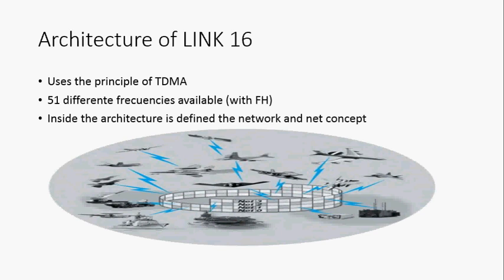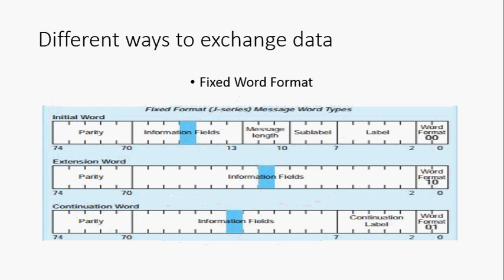So to understand the architecture better, we need to see the different ways to exchange data along these nets. Each message has a specific format and always has some sort of header.